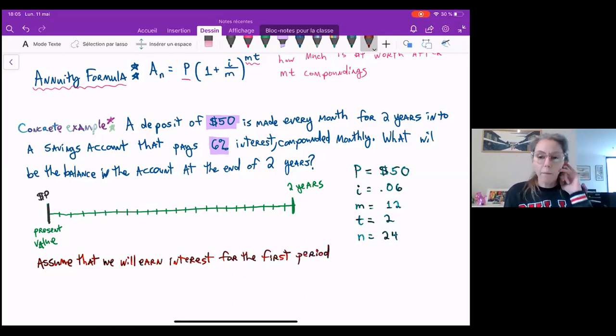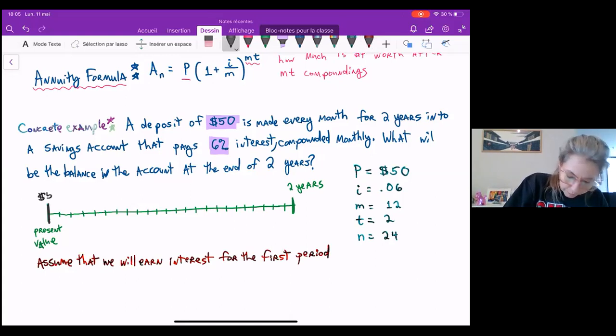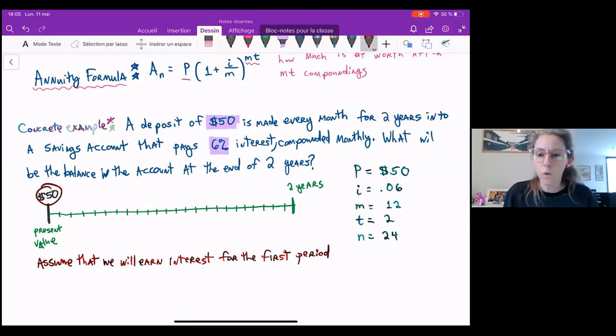Okay, so what that means is that this money that I've just deposited right here, this P dollars, which is actually $50, every single one of these ticks represents two things. It represents a time that I'm going to be reinvesting my money, plus a time that I'm going to be compounding interest. So when I look at this thing, there are going to be 24 of these ticks right here. So we're going to be like 1, 2, 3, 24 times.